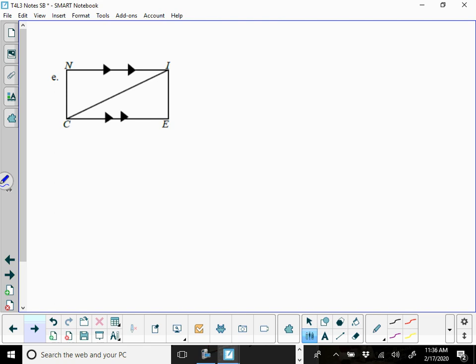All right, so letter E here. Okay, I'm going to show you here what happens if we break these apart. Okay, so we do see here that we have the parallel lines, and we do know that if we have parallel lines, then we have a Z right here, alternate interior angles. So we know that these two angles right here are congruent.